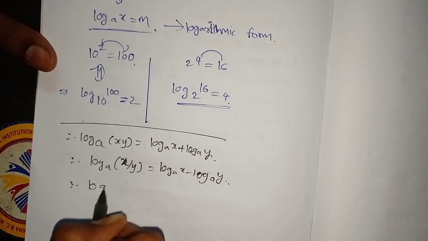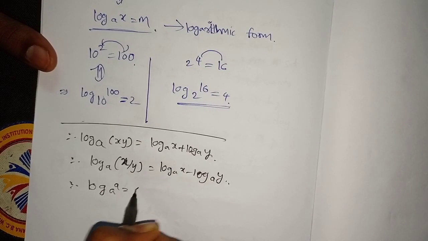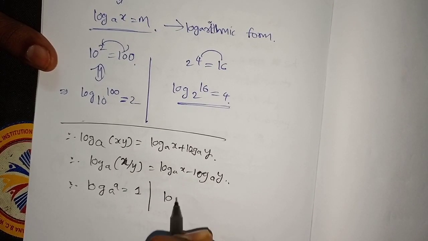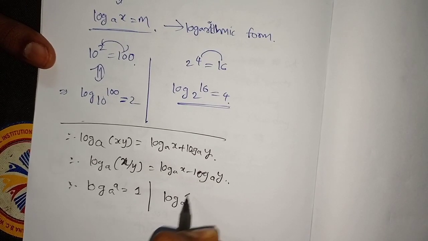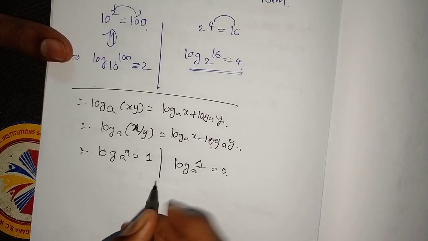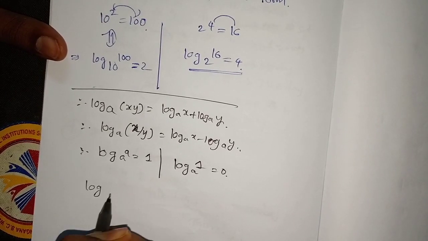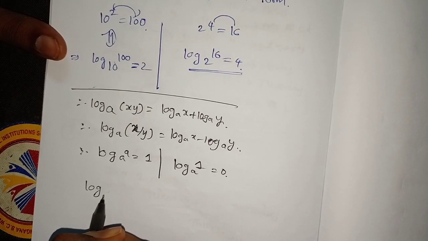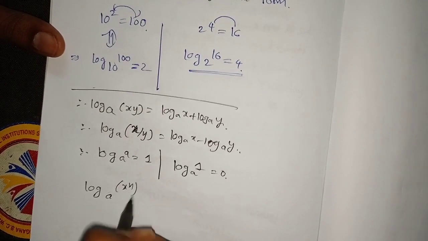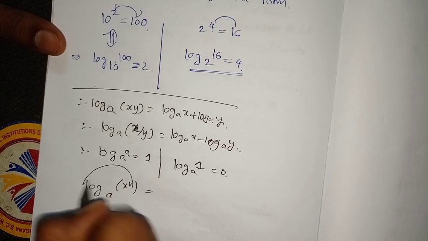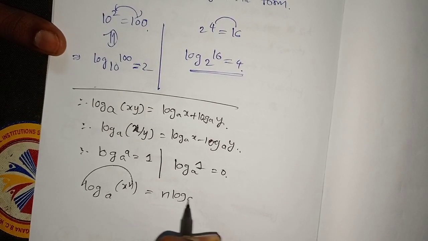Hence, log a power of a equal to 1. Next, log base a power 1 equal to 0. Next, log a base a x power of n equal to, n comes to this side, so n log a power of x.